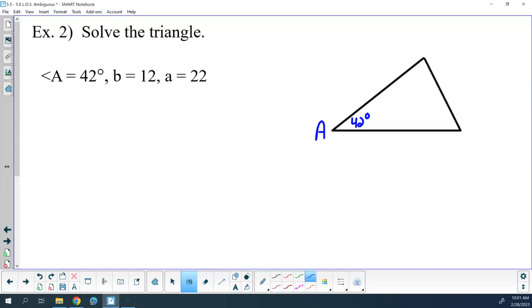Which means that side A here is 22. Does it matter which other one is side B? No, doesn't matter either way. I'm going to call it there, which then makes this angle B, and then we'll call that angle C.